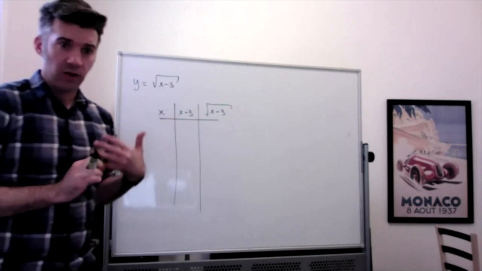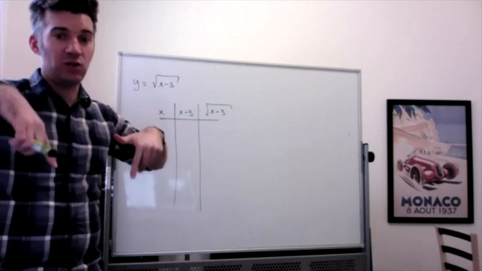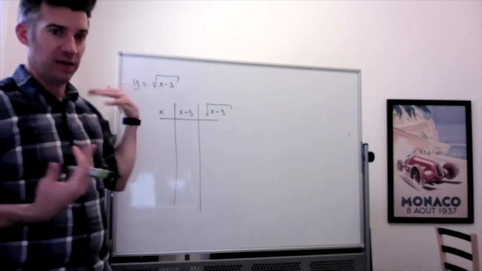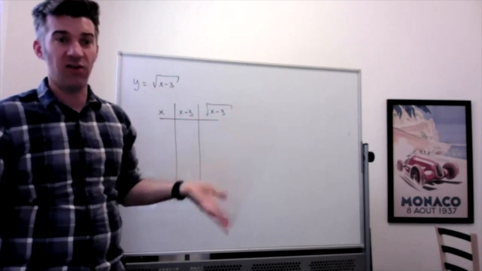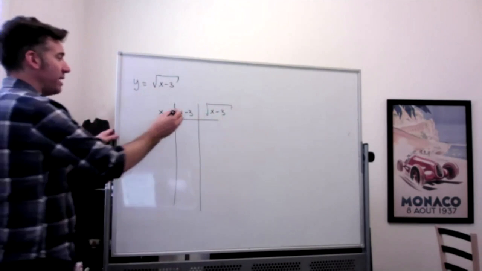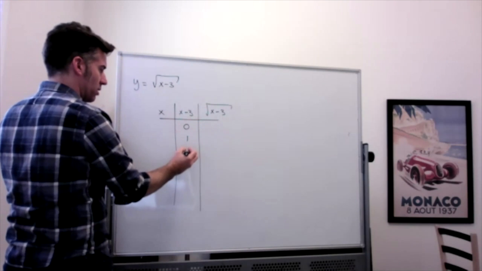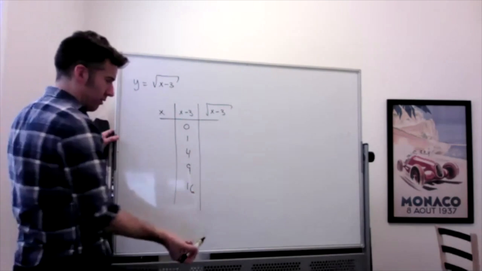Usually the things I want to input into the square root that are nice are the same values I just talked about on the other side of the board: 0, 1, 4, 9, 16, all the square numbers. So I want x minus 3 to be 0, 1, 4, 9, 16, etc.